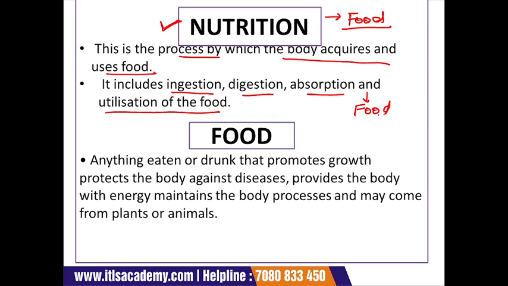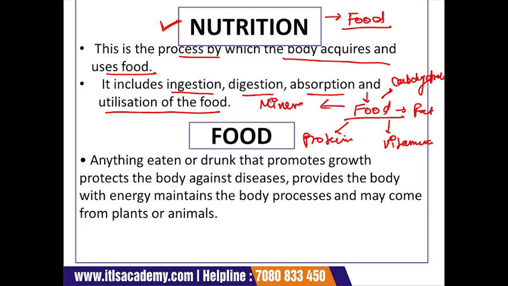Now, food has different nutrients like carbohydrates, fat, vitamins, proteins and minerals. Now what happens?